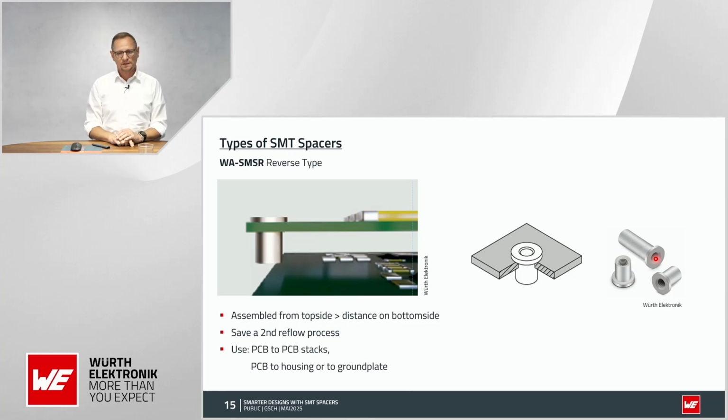So you can save a full reflow process, especially if you have a single-sided PCB, then this really saves you time. And it's perfect to have those for PCB stacks, for example, and you also get them with thread or with through hole as well.